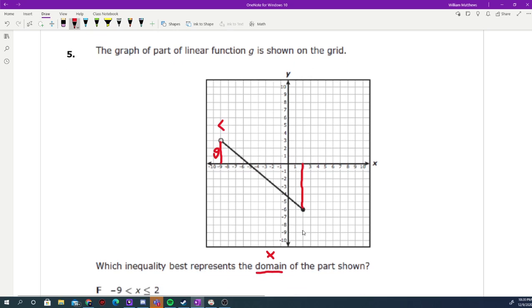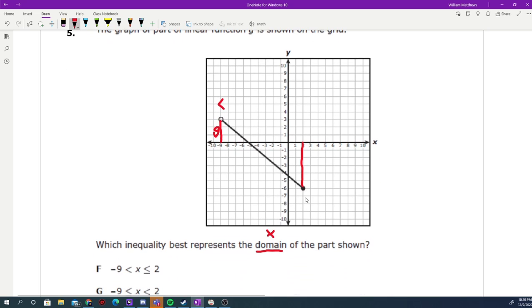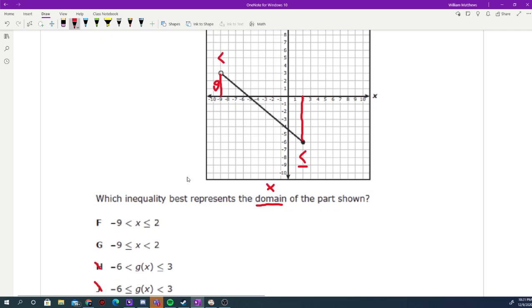It does not include the value. Whereas the filled circle includes the value. This is where we have the equals or equal to symbols. So looking at this, at -9, we do not include. And at 2, we include. So now we can see that -9 is not included and 2 is included. So F is my answer.